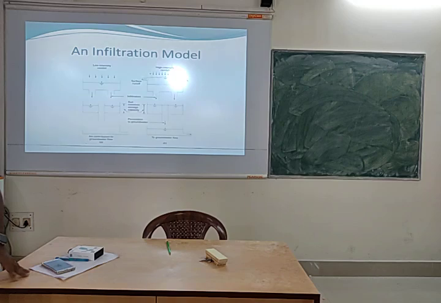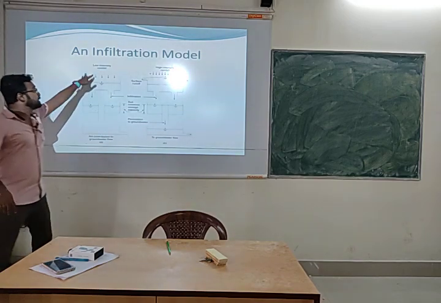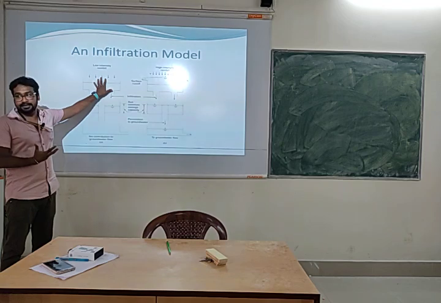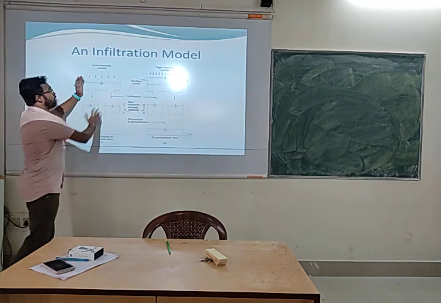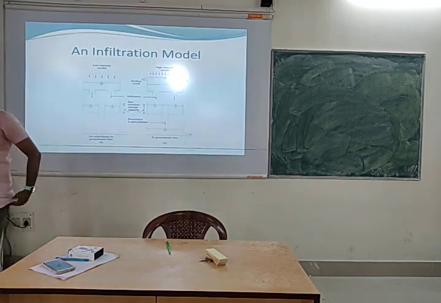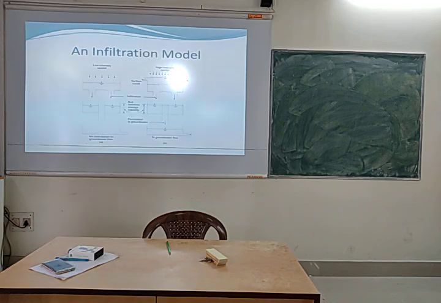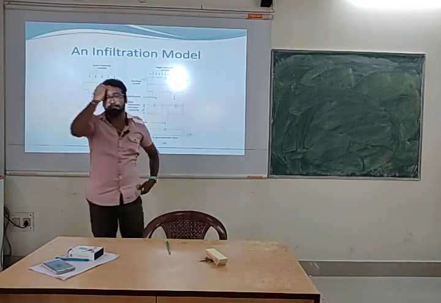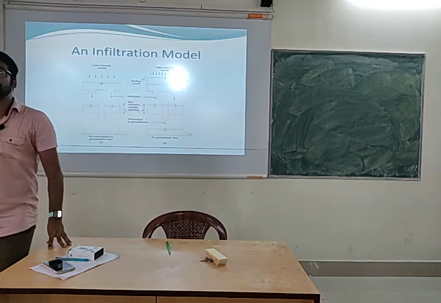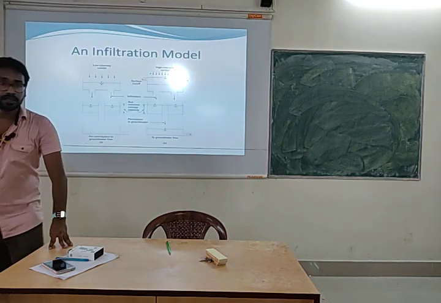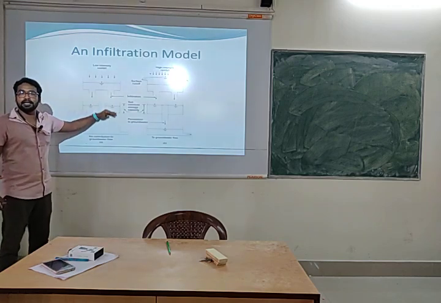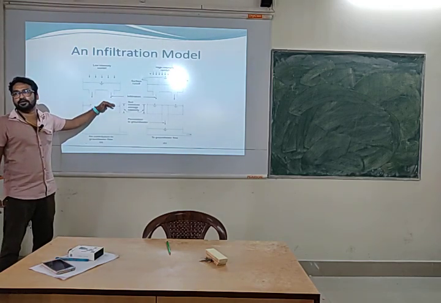If the intensity is greater than the infiltration rate, the excess water will act like runoff. Then what? It is storing the moisture content right now. It is increasing the moisture content right now.